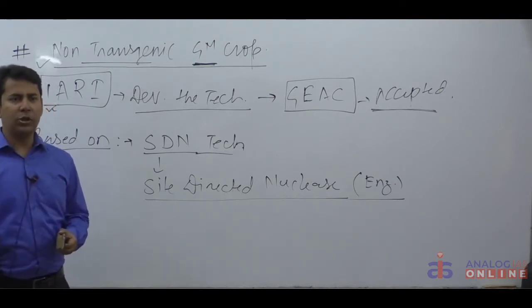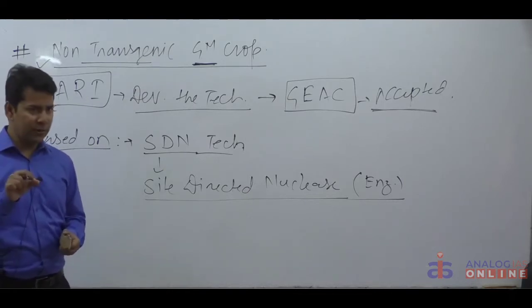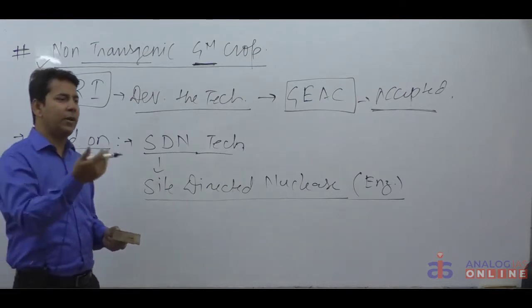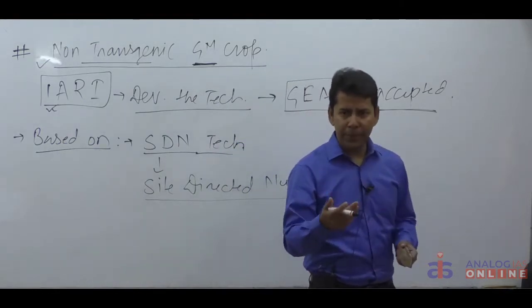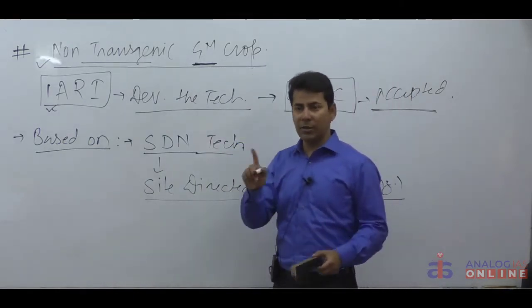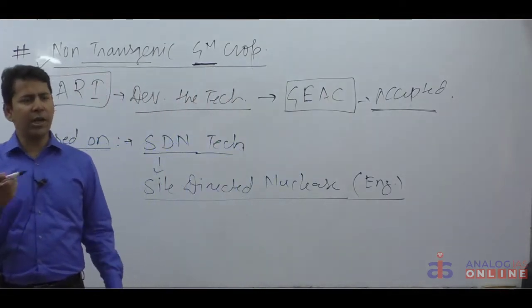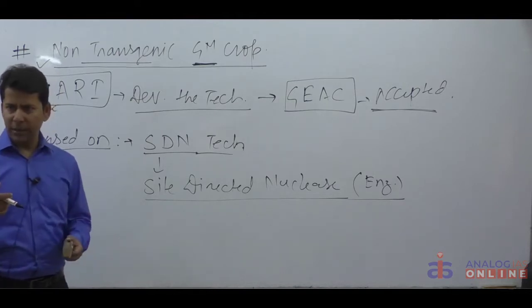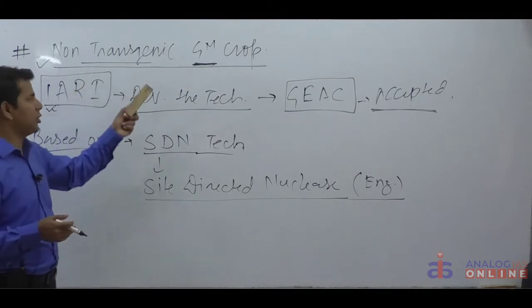You just modify the genome by cutting a gene out of the rice, and because of the removal of a gene, some trait will be suppressed, some new trait will come up, and this will be non-transgenic because there is no transfer of gene, but still there is genetic modification. Modification can be of two types. One is additive, you add something, and one is subtractive, where you remove something. So this is non-transgenic GM crop.